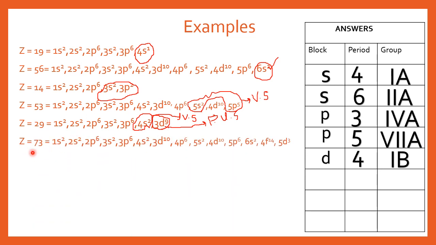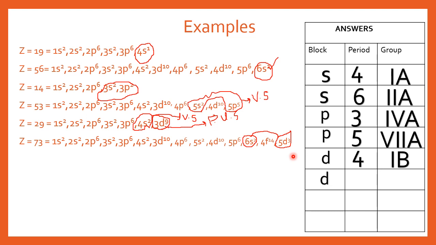So for an example, we have an element having atomic number 73. This is the sequence according to the rules of electronic configuration. Here you will see that the highest shell found in this element is 6, and second, the last electron is going to enter the d orbital, so this element belongs to the d block.